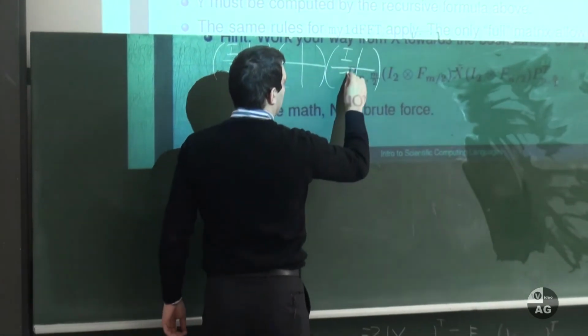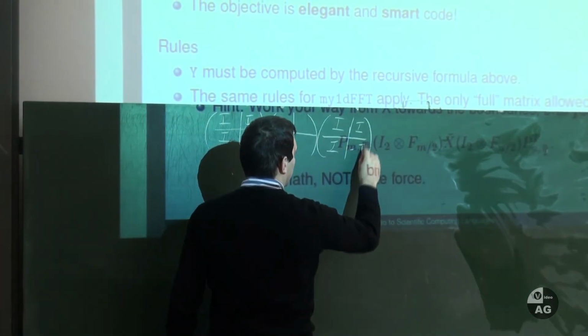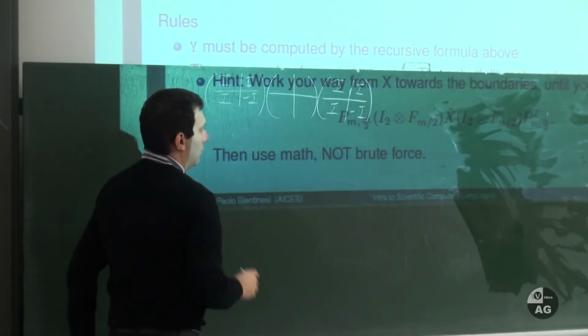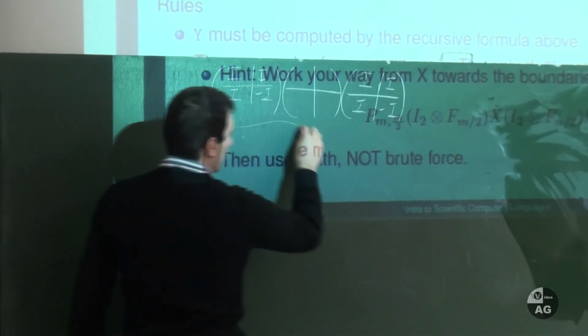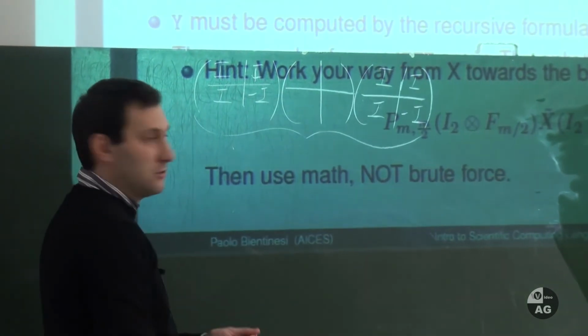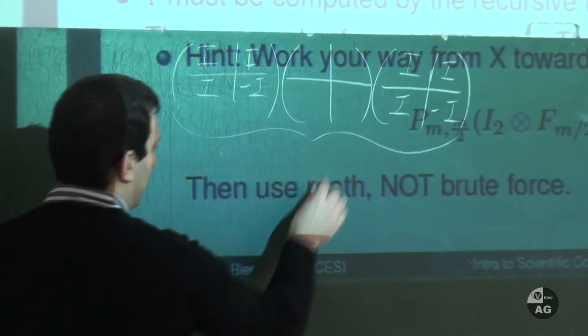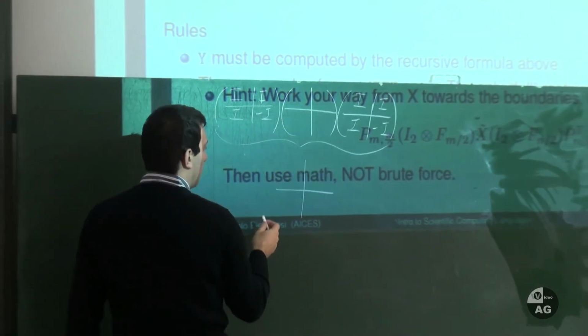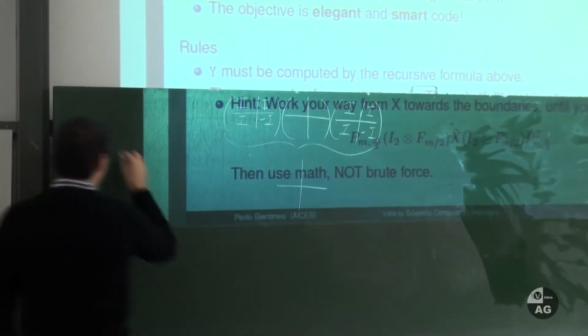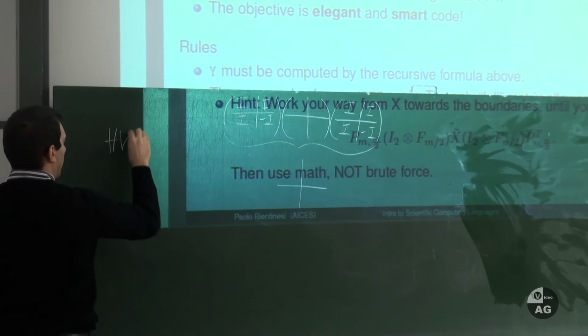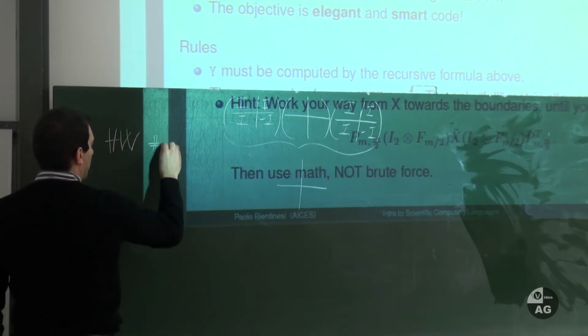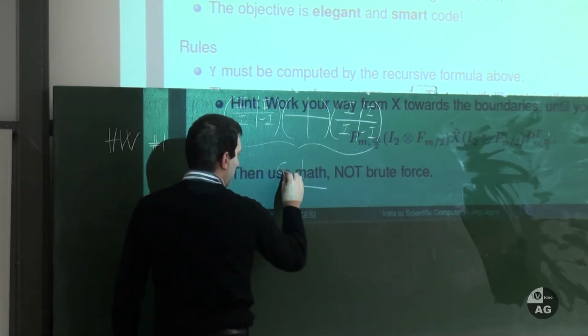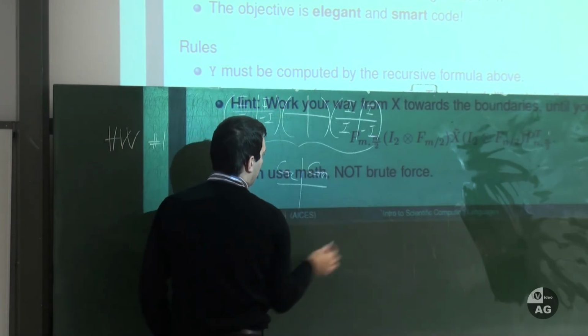So this is identity, identity, identity minus identity. You don't start coding before you actually do some math. You do the math, and what you find is that this is our matrix C from homework number 1.